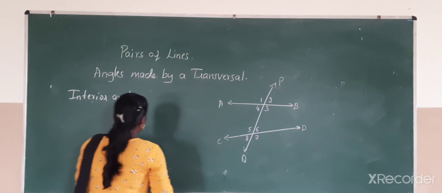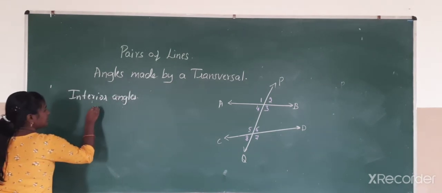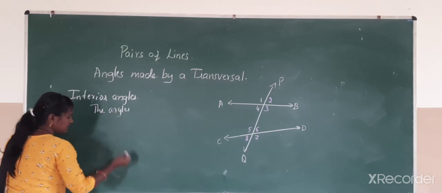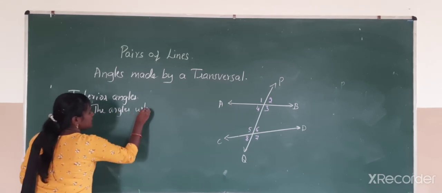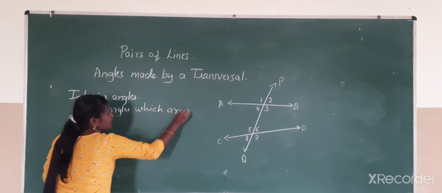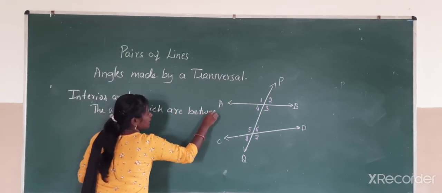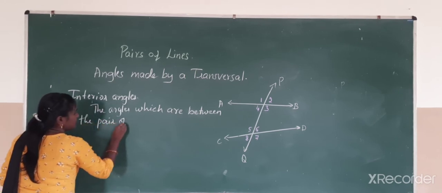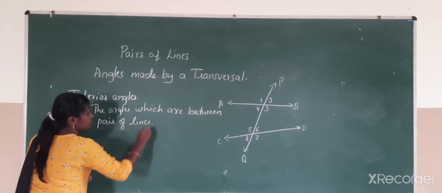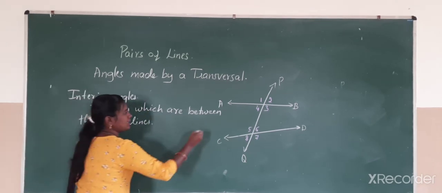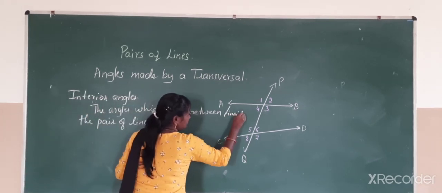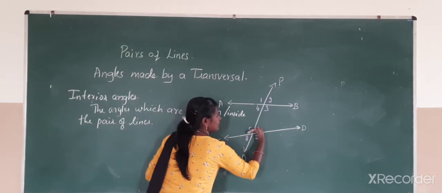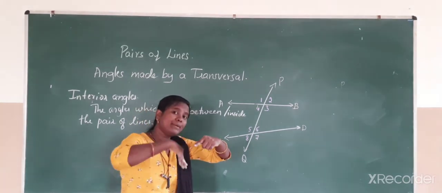Yes, so the interior angles are the angles which are between the pair of lines, which are between or inside also you can write, which are between or inside the pair of lines. Inside or between.